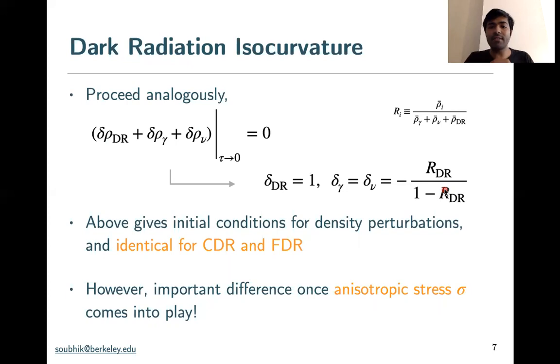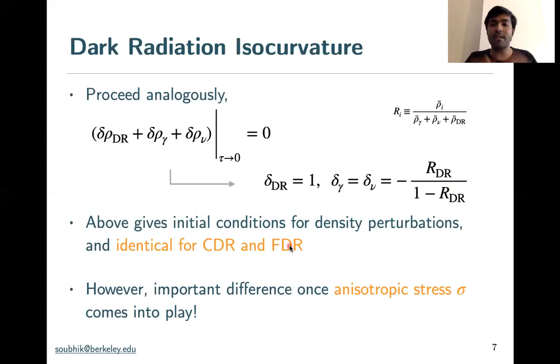And these perturbations then determine the unique initial condition for the density perturbations. I should mention that the usual 10 to the minus 4, 10 to the minus 5 factors are just factored out from this. So here we are just focusing on the ratios.